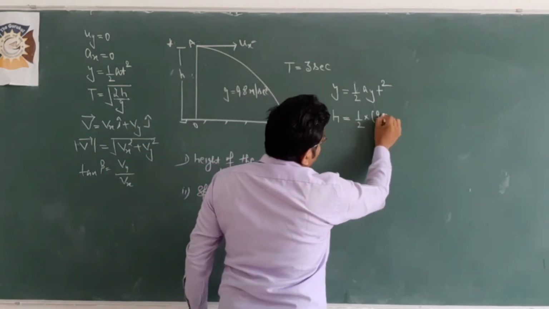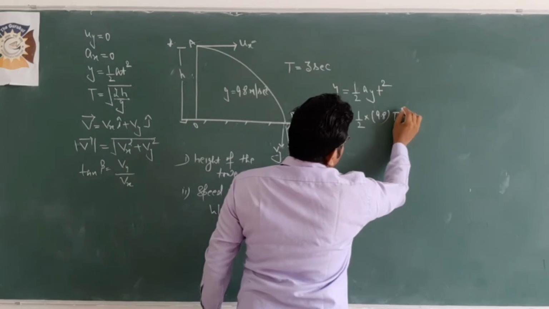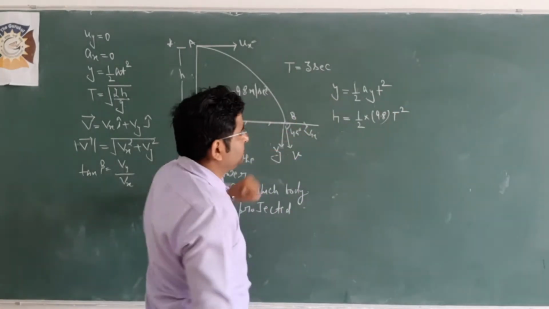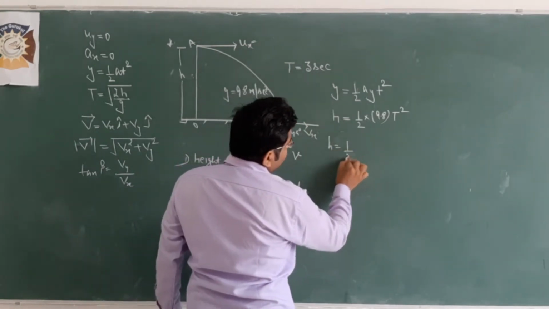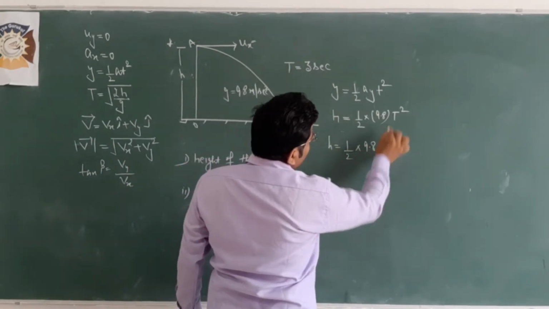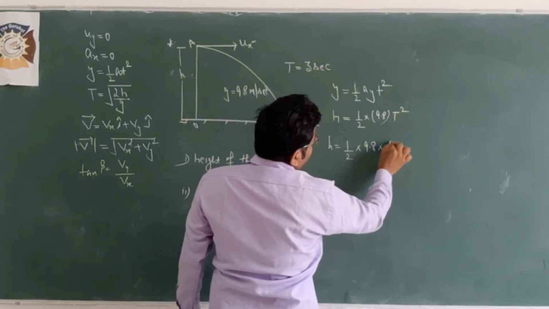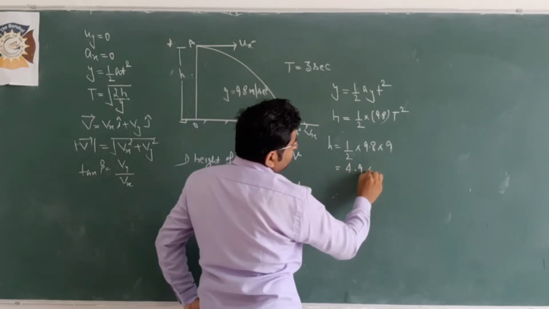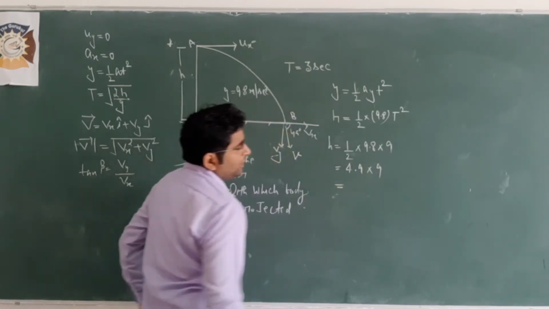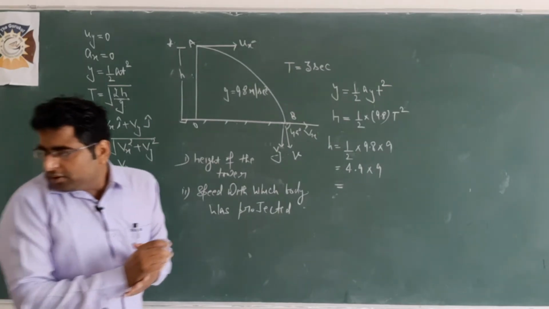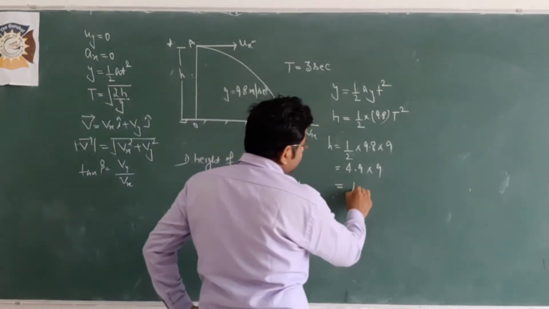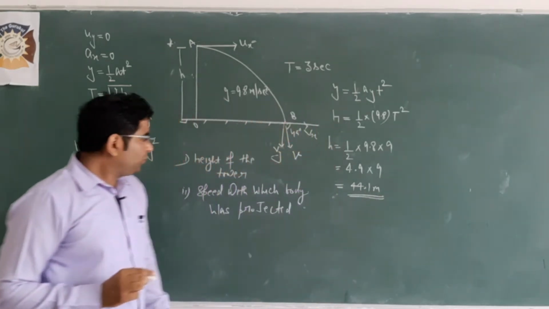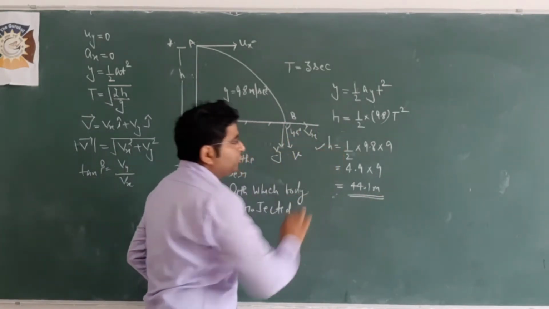So 9.8 T square. And beta, the time of flight is given to us, that is 3 seconds. So h is equal to 1 by 2 into 9.8 into 3 square, again 9. Clear? So it will become 4.9 into 9. So beta, the answer will come 44.1 meter. So the first question we have done, height of the tower.